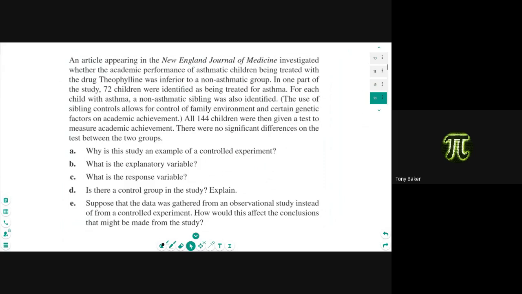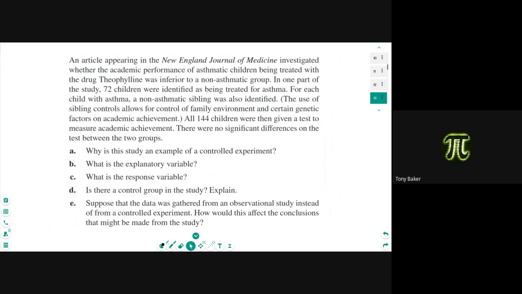We've already talked about, is there a control group? So could I have done this as an observational study? Why?